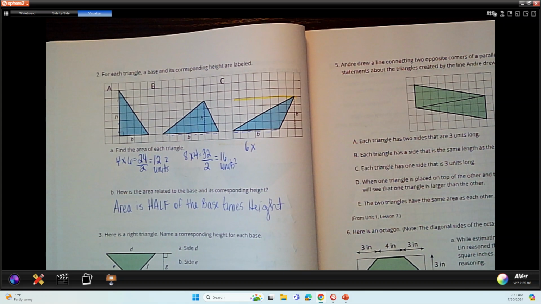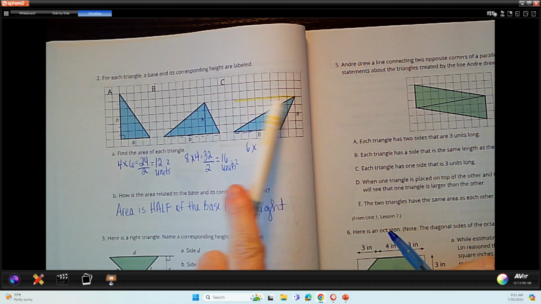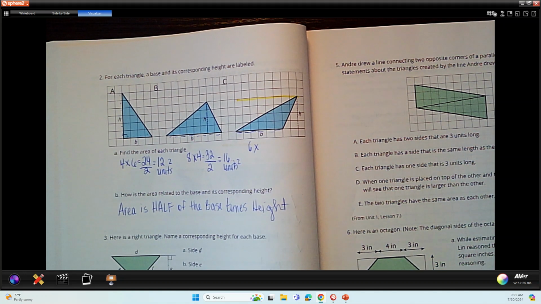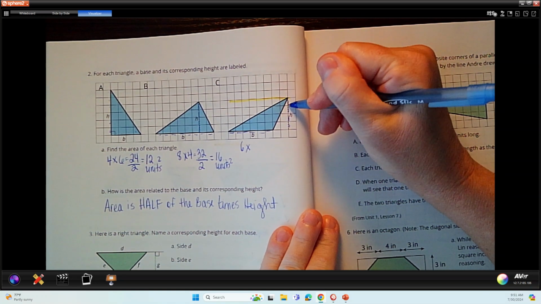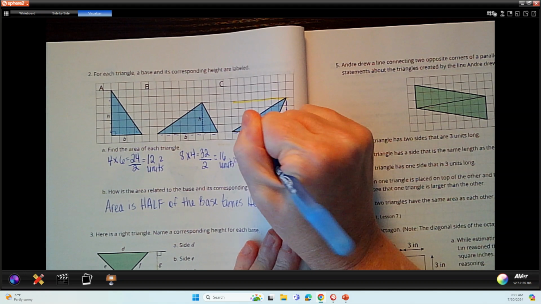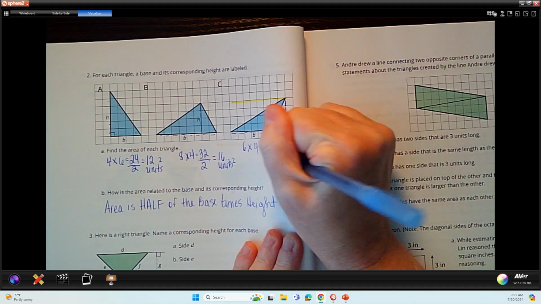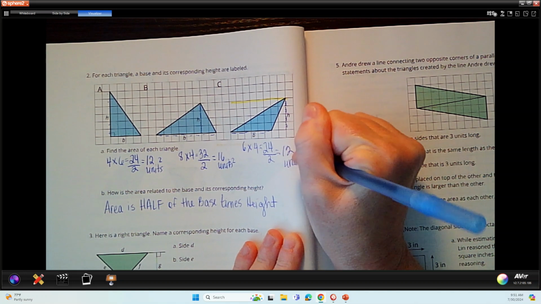So the height really could be anywhere from this line segment to this line segment, measuring the top to the bottom. And it's going to be the same all the way across. 1, 2, 3, 4. 6 times 4 is 24. Just like the first one, half of 24 is 12 units squared.